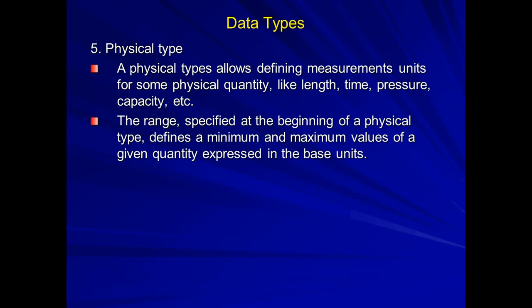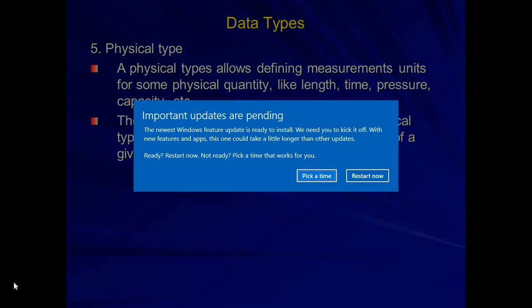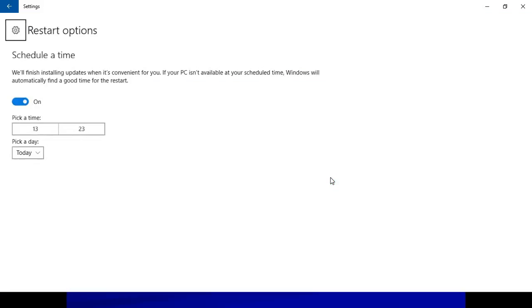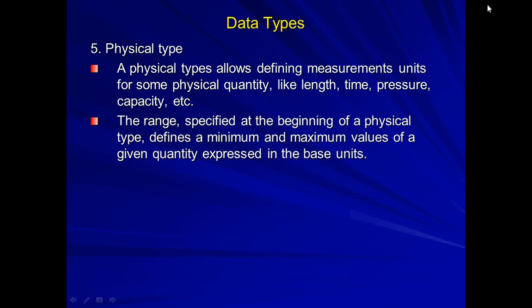The range is specified at the beginning of the physical type. It defines a minimum and maximum value of a given quantity which is expressed in the base unit.